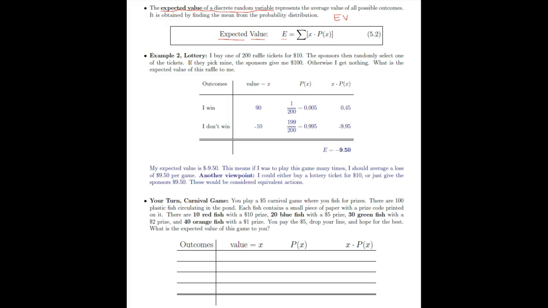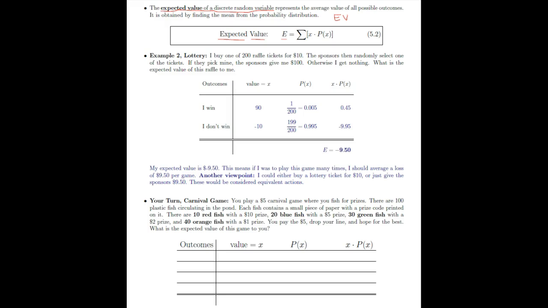So I buy one of 200 raffle tickets for $10. The sponsors then randomly select one of the tickets. If they pick mine, the sponsors give me $100. Otherwise, I get nothing. What is the expected value of this raffle to me? What expected value tries to capture is the average outcome.